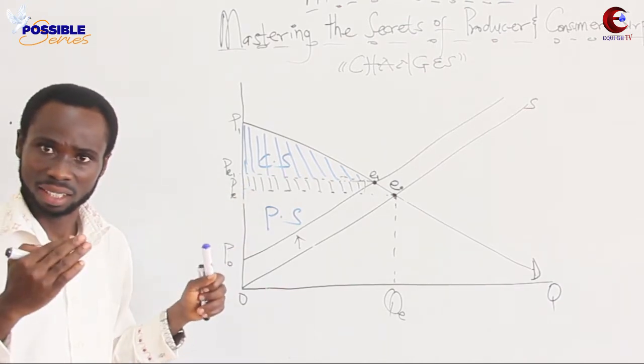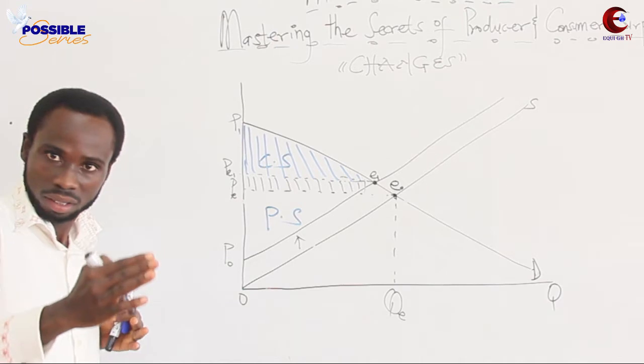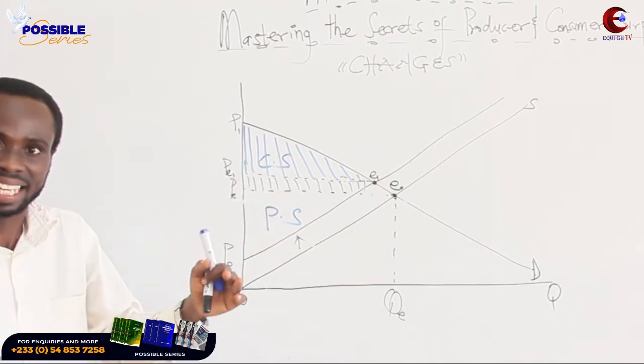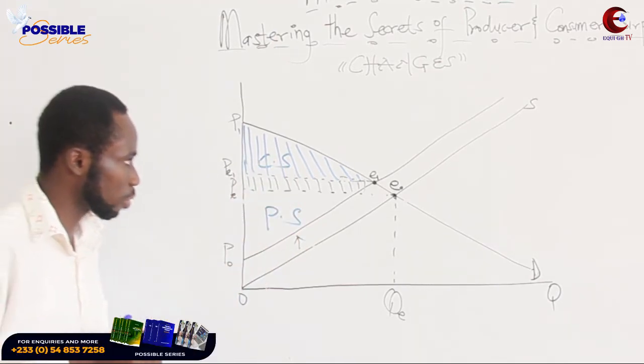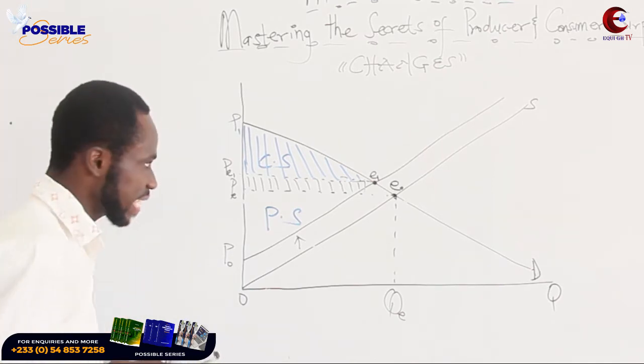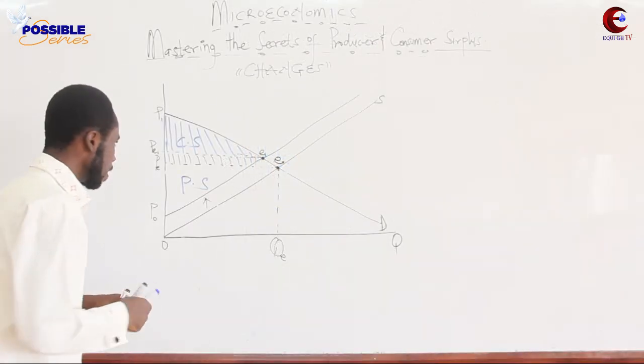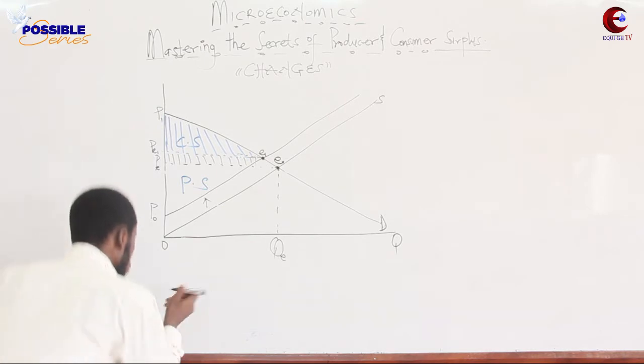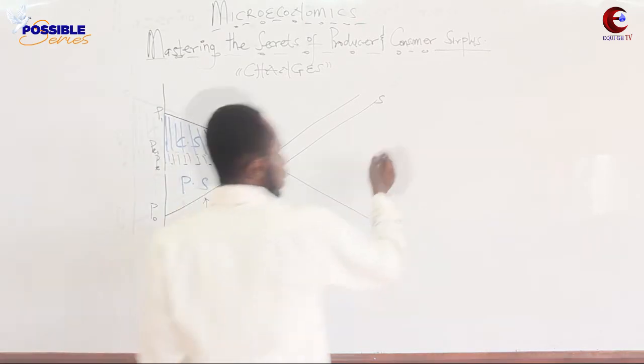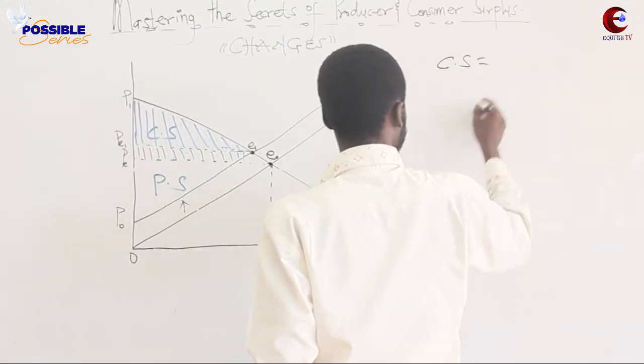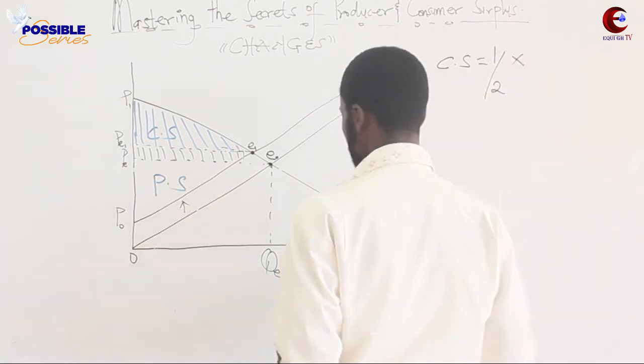Understand it. When there are shifts or adjustments or changes in the curves, you should be able to understand them. So before the change, our consumer surplus was half times the base.